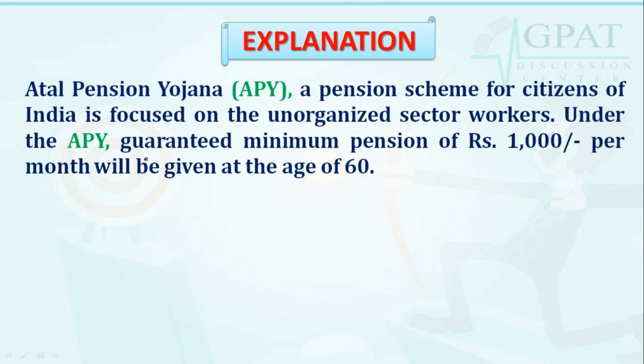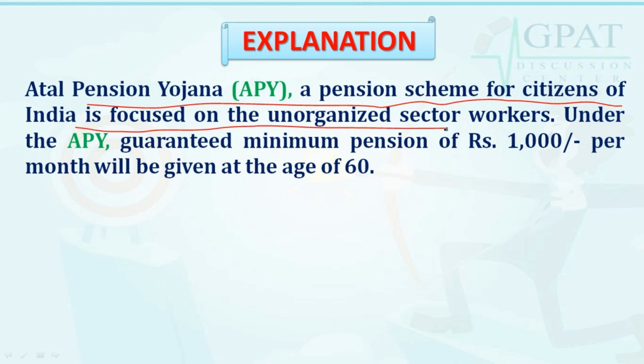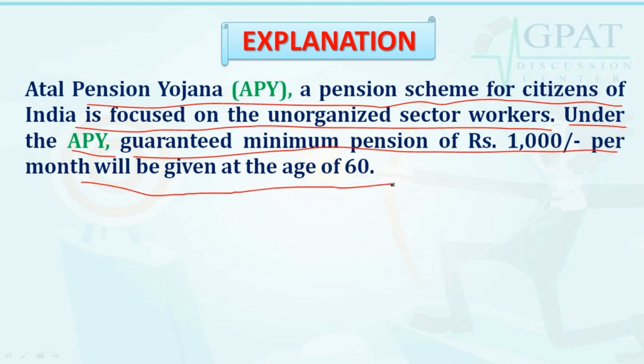So Atal Pension Yojana is a scheme for citizens of India, focused on unorganized sector workers, and under this Atal Pension Yojana, a guaranteed minimum pension of rupees 1,000 per month will be given at the age of 60.